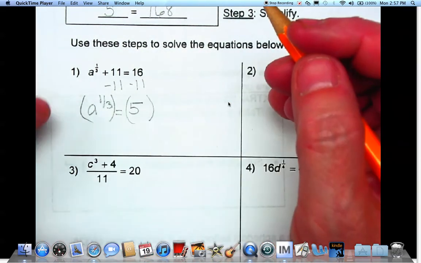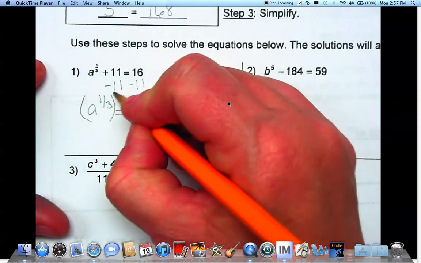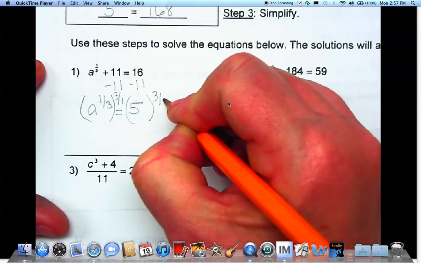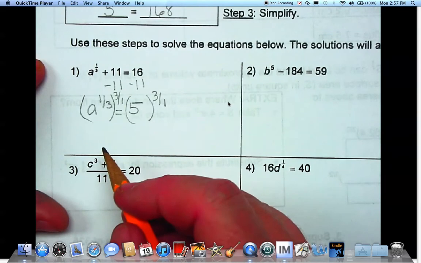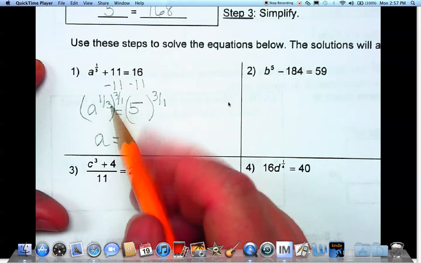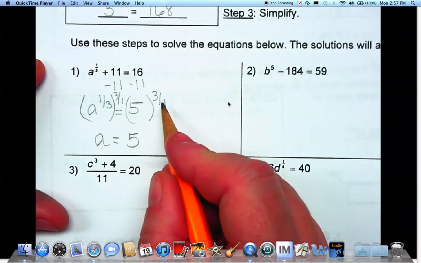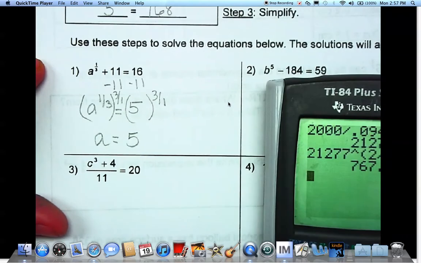We raise it to a reciprocal. What's the reciprocal of 1/3? 3/1. So we raise both sides to the power of 3/1. What do you get on the left-hand side? 8. Good, because these cancel. And then you get 5 to the 3/1.